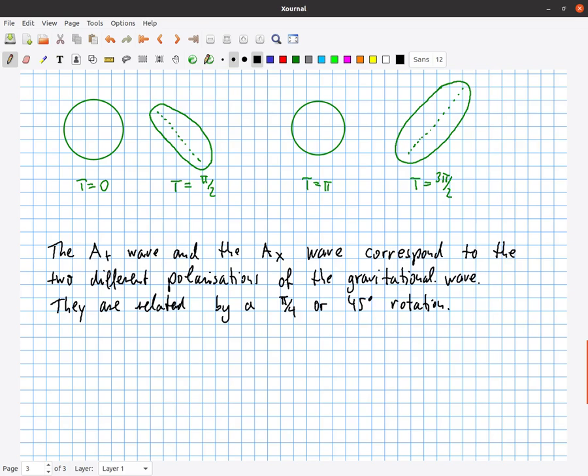In electromagnetism, they're related by a 90-degree rotation, and that has to do with the spin of the underlying field. In electromagnetism, you have a spin 1 field that mediates the force, while in general relativity, one is working with a massless spin 2 particle. If that doesn't make sense to you right now, that's fine, but some of you will have had a course where this was covered to some extent.